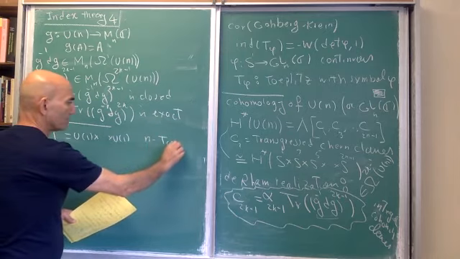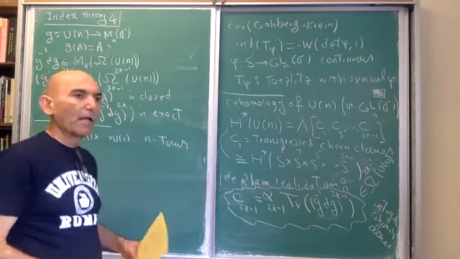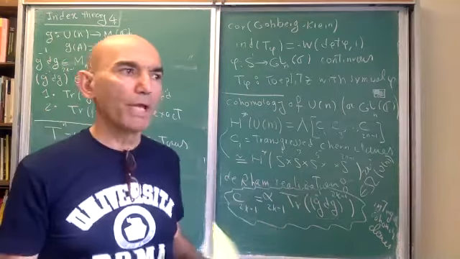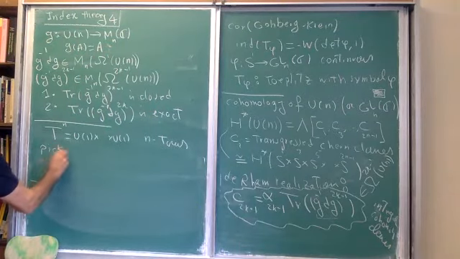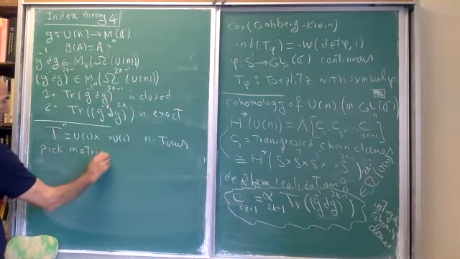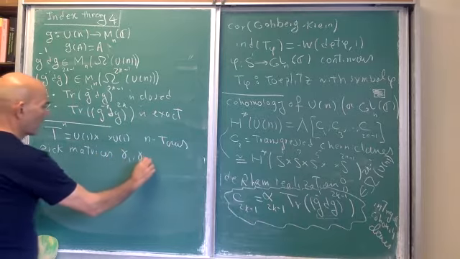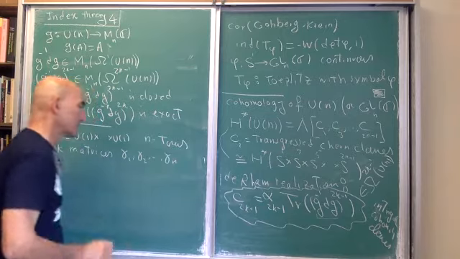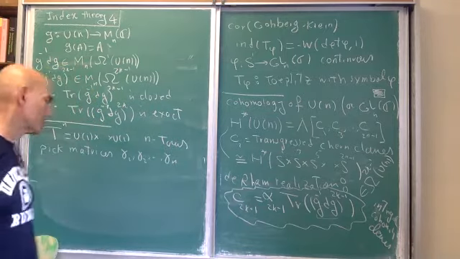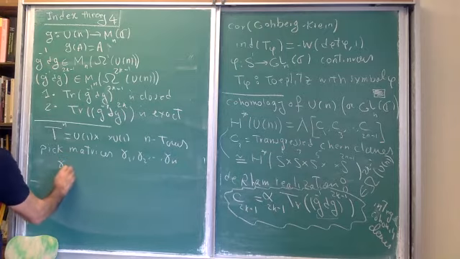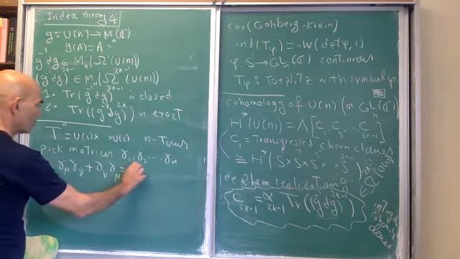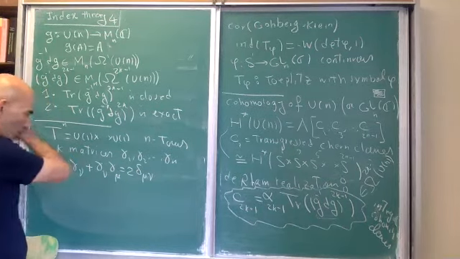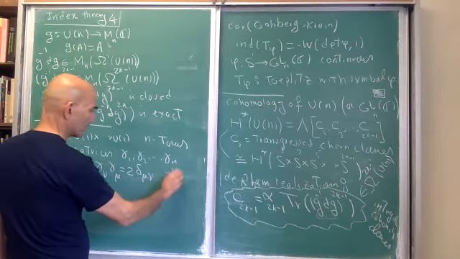So that's the n torus. And then we are going to pick some matrices, gamma 1, gamma 2, up to gamma n, that satisfy the Clifford algebra relations. So they satisfy gamma mu gamma nu plus gamma nu gamma mu is equal to 2 delta mu nu. So these are the Clifford algebra relations.